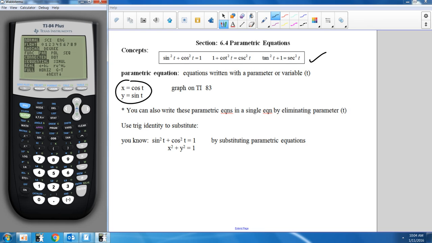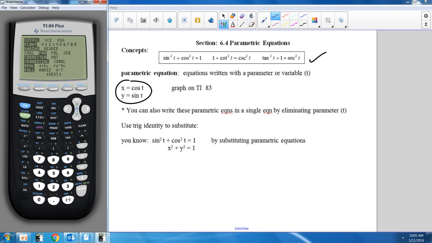As you go through, you're going to see radians. I want to be in radians. You could also do degrees, but it's a good idea to get more comfortable with radians, since calculus will be in radians. And for functions, the second button over will be parametric equation. Instead of function mode, we have parametric mode.